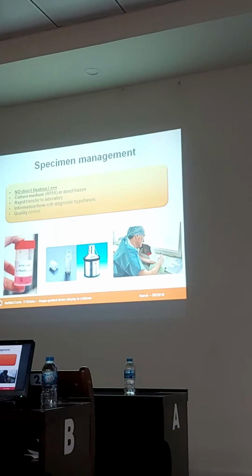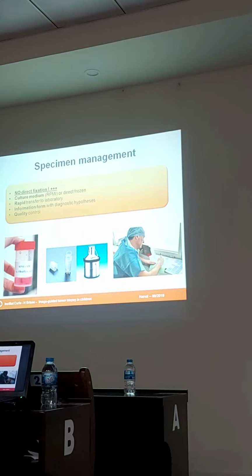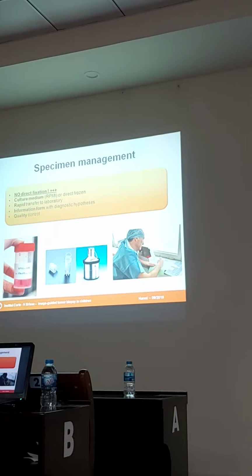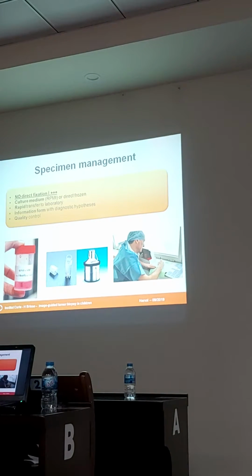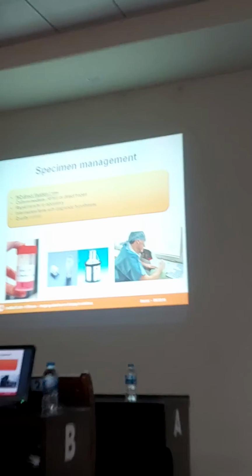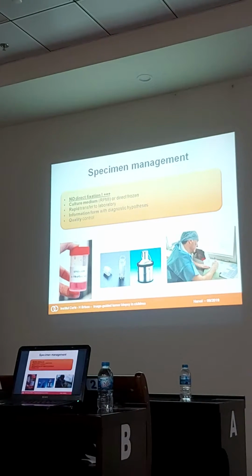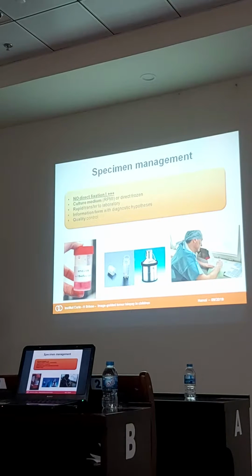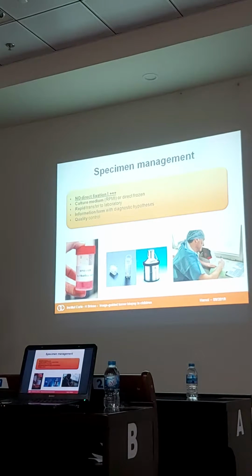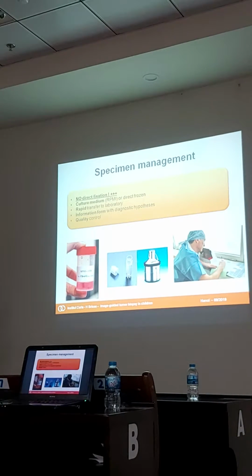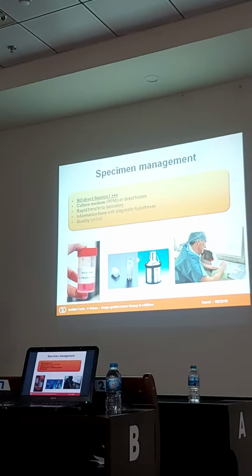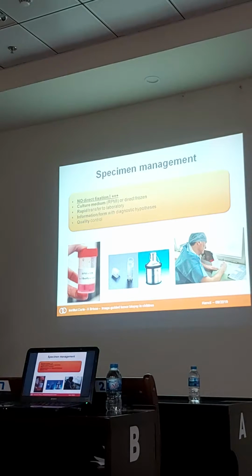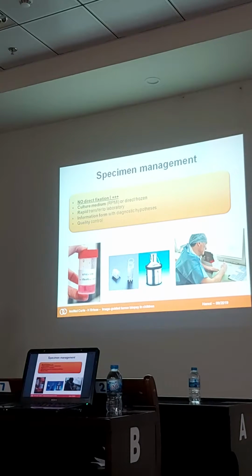And this genetic information is very important for both the diagnosis and the prognostic of the patient. But they have to be done on fresh tissue. They cannot be obtained from fixed tissue. So you never have to fix the tissue. You always have to put it in a culture medium or directly frozen in liquid nitrogen.